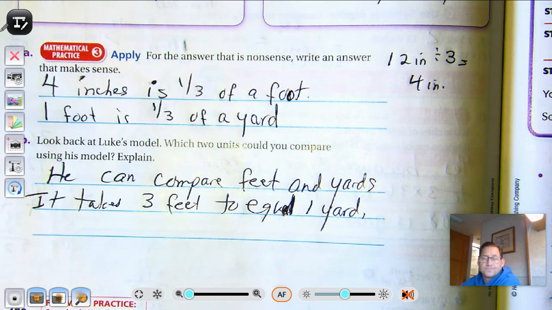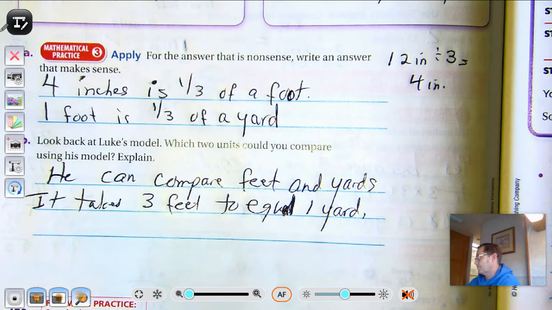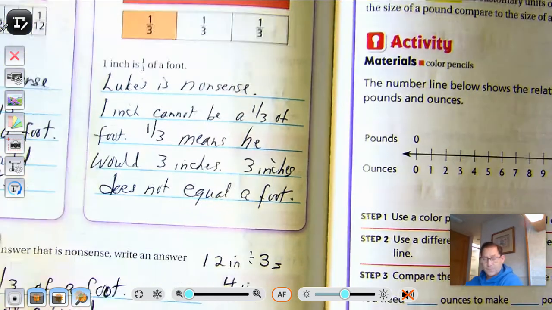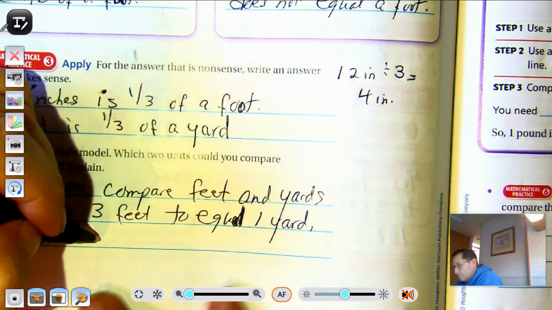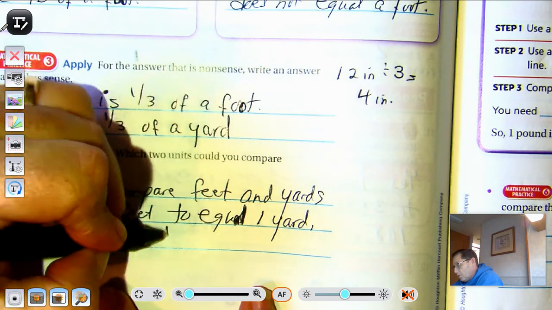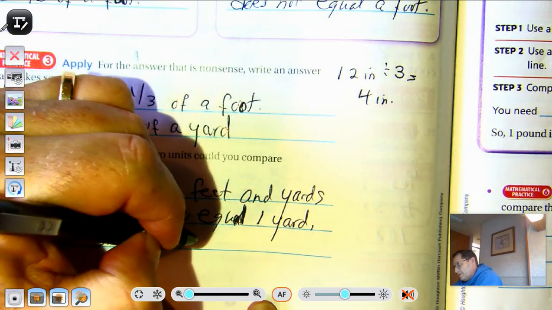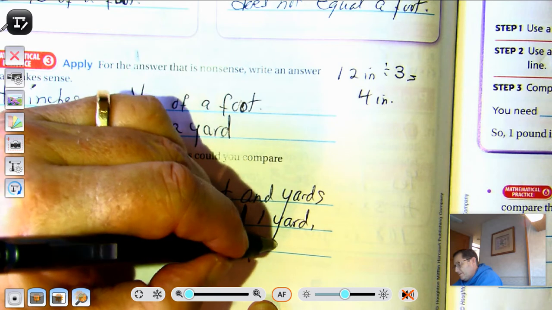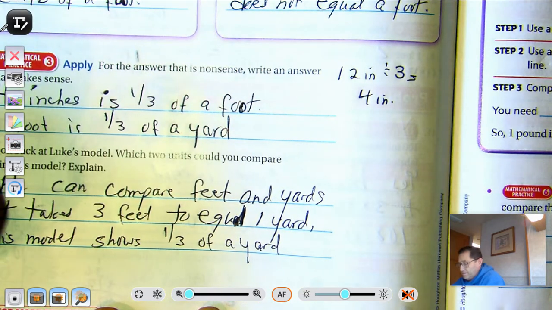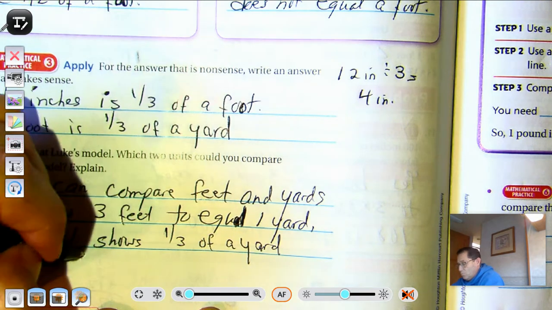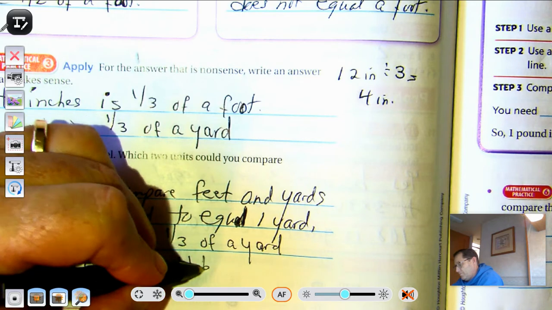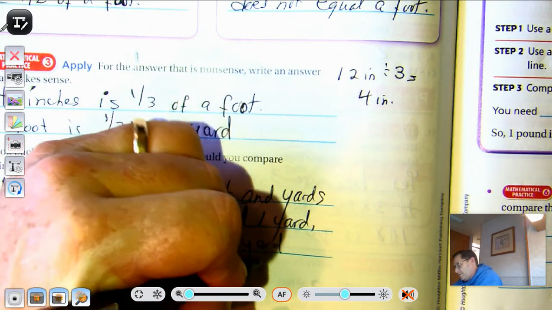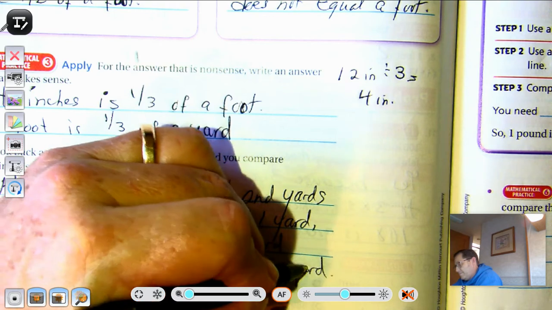So his model, back to B, sorry about that, back to B. His model shows 1/3 of a yard. Because 1 foot would be 1/3 of a yard.